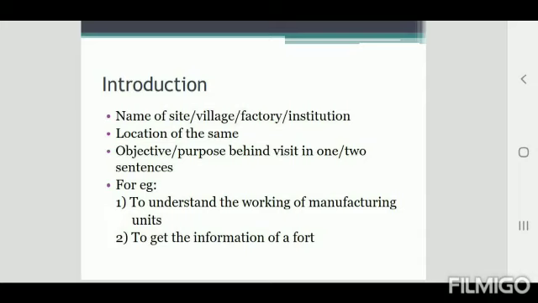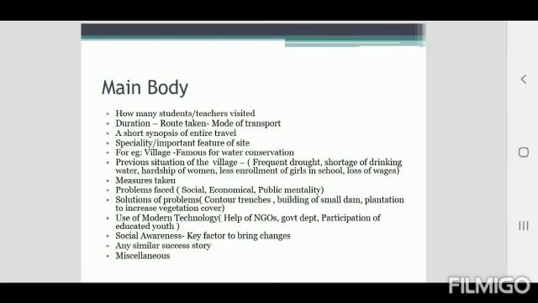So mentioning the objective or purpose is very important in the introduction, and you can cover these 3-4 points in 4-5 sentences, which will easily give the examiner an idea of your introduction.